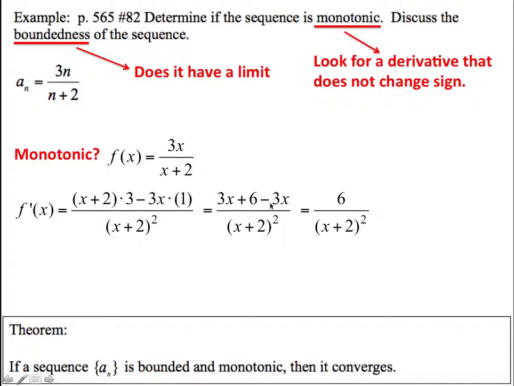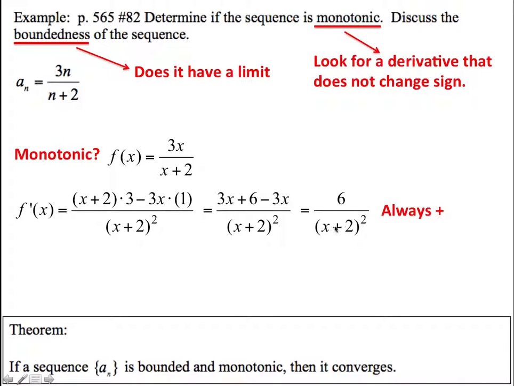When we talk about monotonic now, we have to look at this and ask: is it always positive? Is it always negative? Or does it switch? Is it ever equal to 0? Does it switch signs ever? It doesn't. If it were equal to 0, we'd be able to make the top 0, and we can't. So we can say that this is always positive.